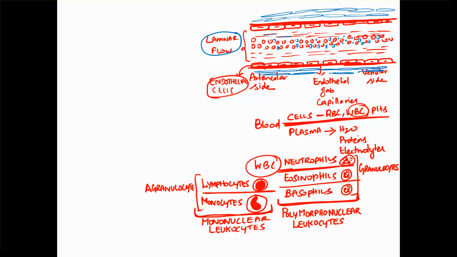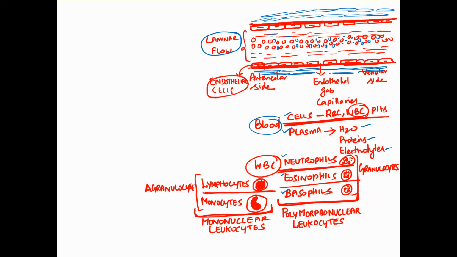The blood has cells and plasma: cells as RBCs, WBCs, platelets. Plasma contains water, proteins, electrolytes. There are five types of WBCs: neutrophil, eosinophil, basophil.